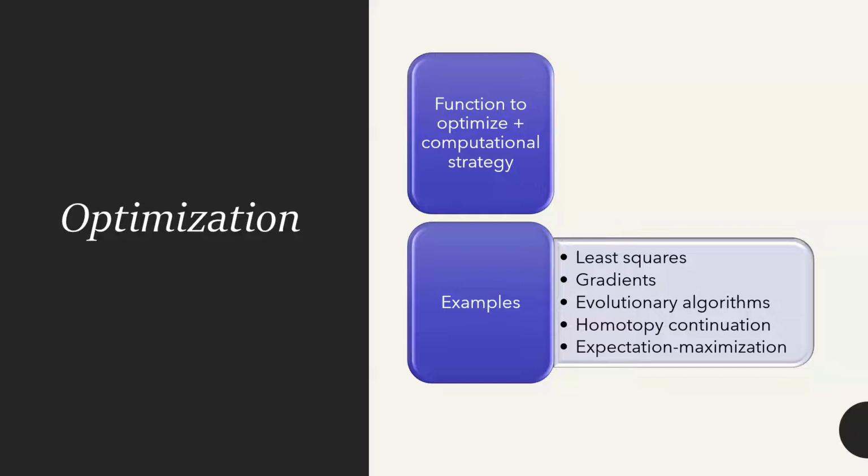Homotopy continuation has been explored in machine learning in a few applications, and this is an area that's ripe for development for any of you who are in geometry or topology. The expectation maximization algorithm comes up a lot in statistics, which basically looks at stepwise maximization of a function.